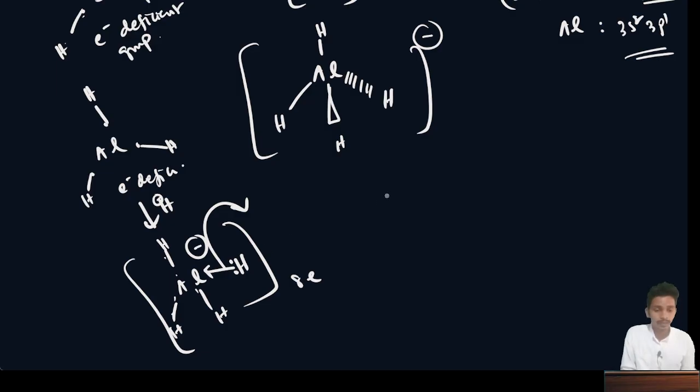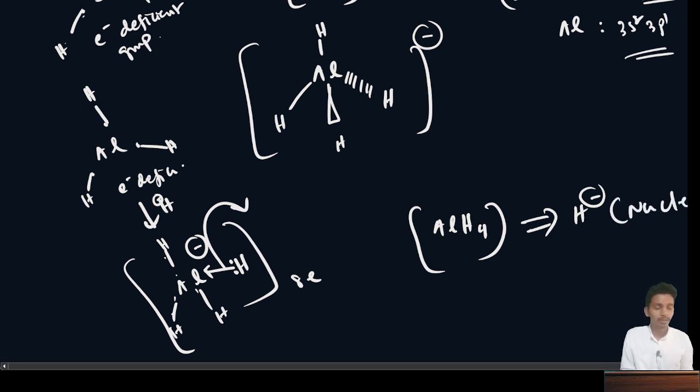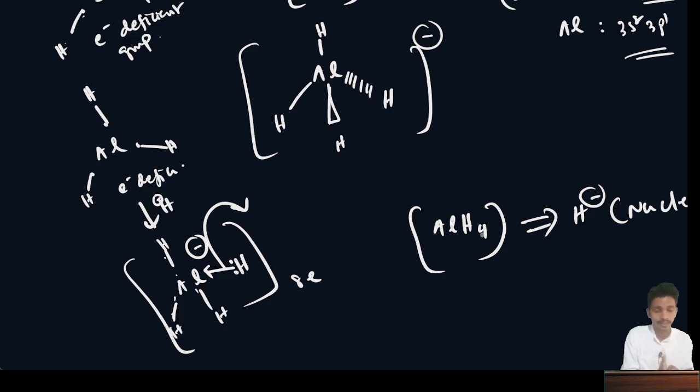So it always wants to react with other electron deficient groups. That's why this LiAlH4 minus will give H minus, which acts like a nucleophile and will react with any electrophile or electron deficient group. Now the question is why it is a strong reducing agent.